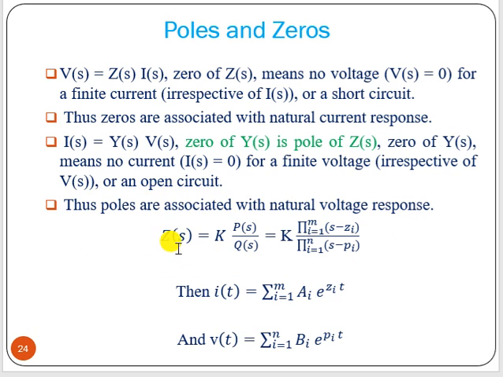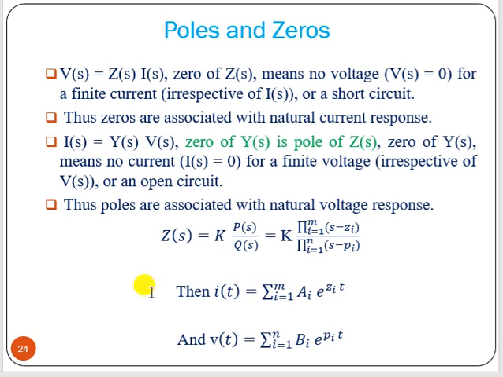Thus we can write Z(s) is equal to K P(s) by Q(s), and this P(s) we can write as a continued product, product of i equal to 1 to m of (s minus zi), that is factorized. Then product of i equal to 1 to n of (s minus pi) factorization.